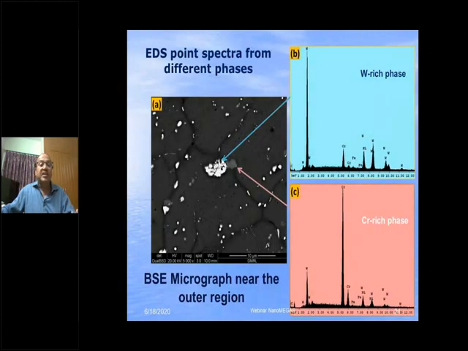Then we do an EDS just to find out which is the rich phase, because as I told you, we need to put in parameters to do precision electron diffraction. So using EDS we find out what this area is, which is tungsten rich and chromium rich. This contrast is chromium rich, this is tungsten rich. This is how to do investigations.